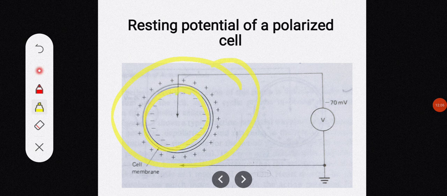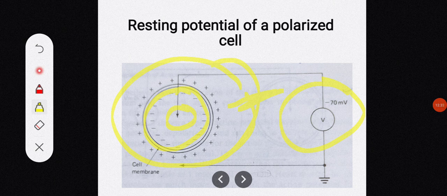Since the inside of the cell is negative and the outside is positive, the resting potential will always come out to be negative, because it is measured from inside the cell with respect to the outside.